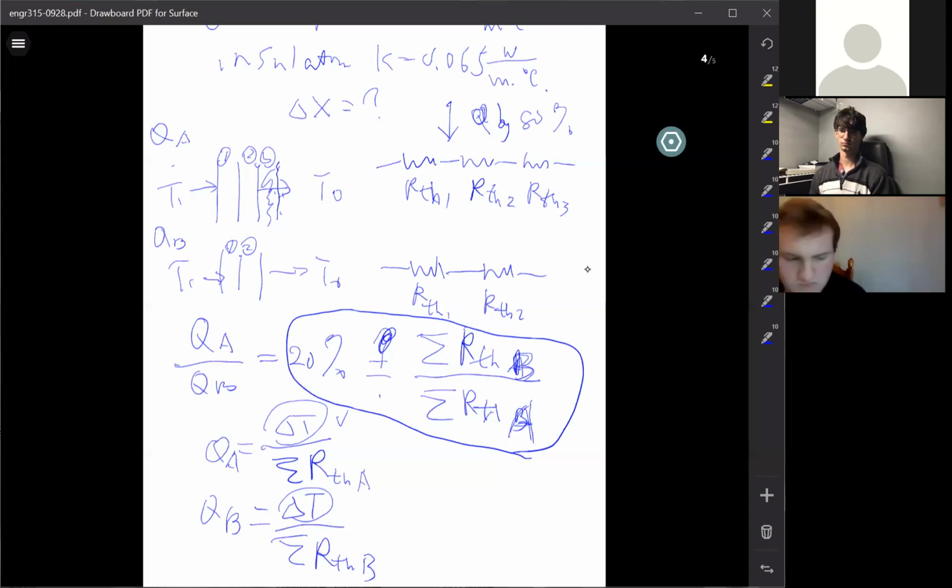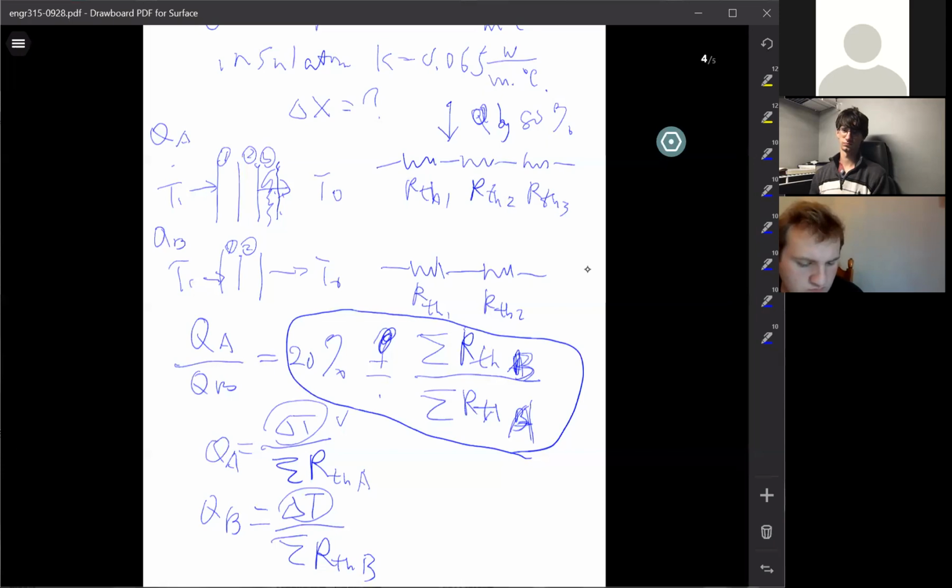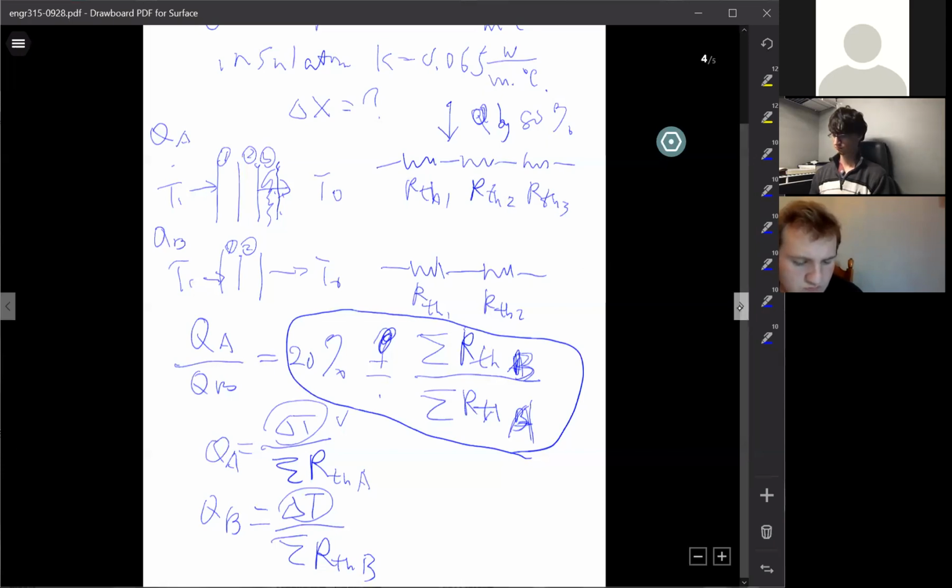So how thick the insulation is. Then you can just expand this summation RTHB and the summation RTHA, the two cases, right? Put the ratio and you can calculate it. I can show you on the next page.